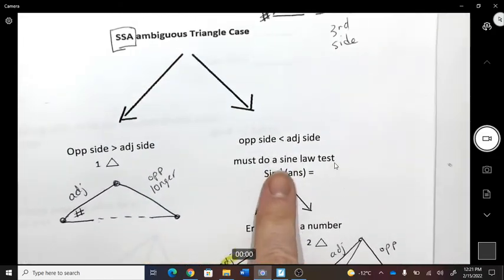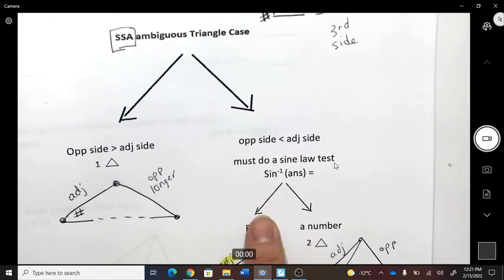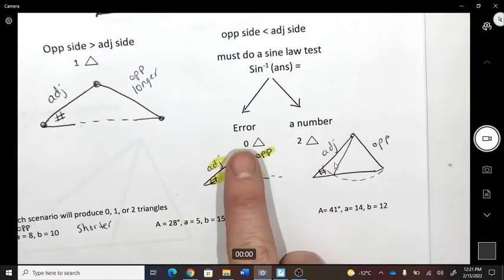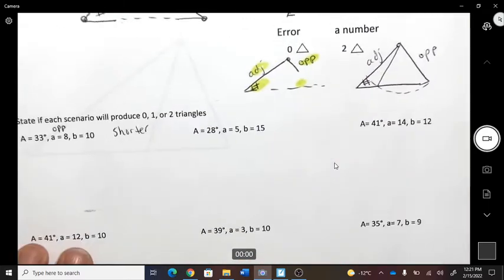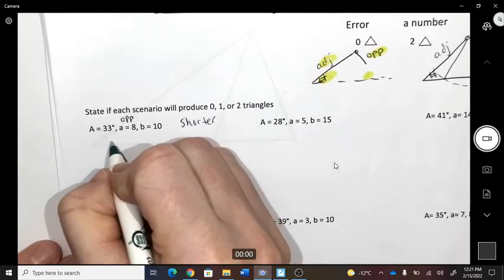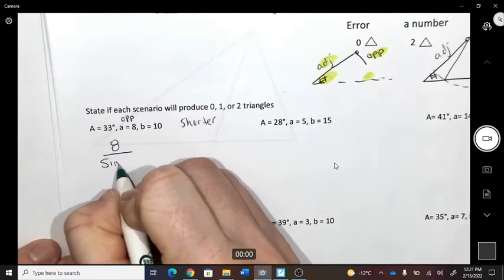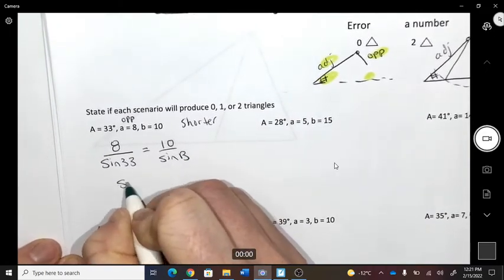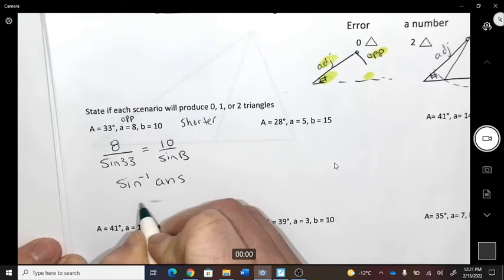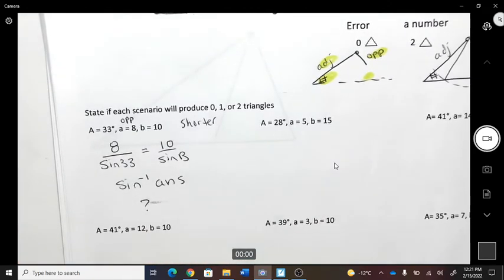So if it's shorter, I have to do a sine law test. Either it's going to be too short, error, or there's going to be two. So I'm going to go like this: 8 over sine 33 equals 10 over sine B. And then I'm going to inverse sine, and I either get my calculator to say an error or something. I don't care what the value is right now, I'm just looking, is it going to work or not work?